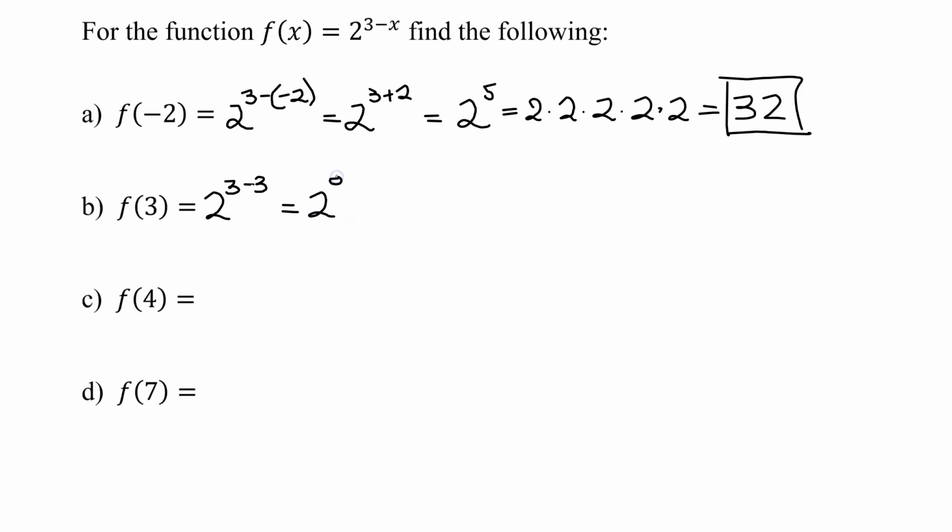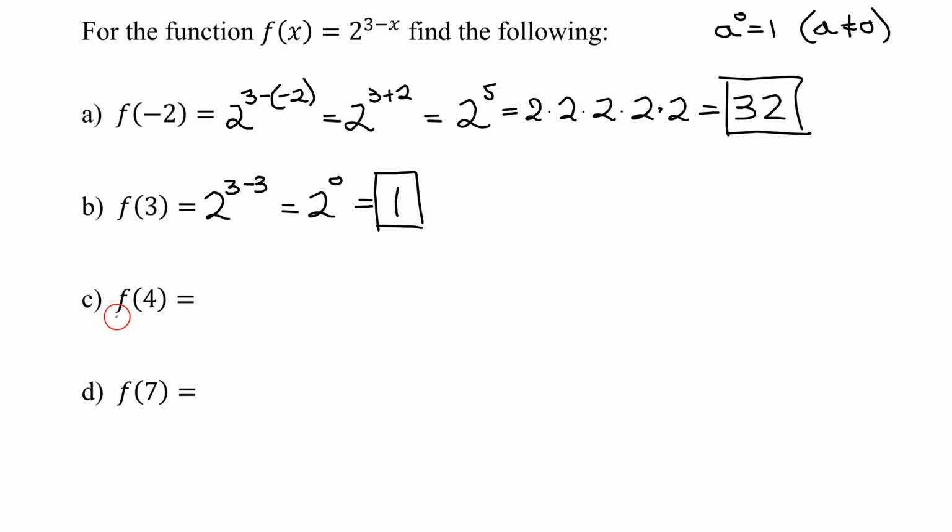So I've got 2 raised to the 0 power. And remember, a raised to the 0 power is 1 as long as a does not equal 0. And since my base is 2, 2 to the 0 equals 1. So the answer to part B is 1.